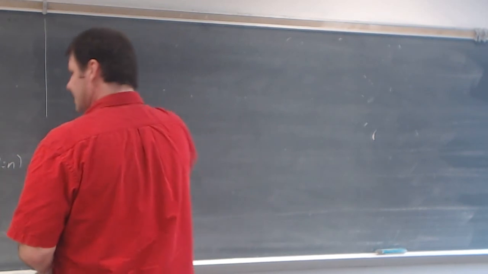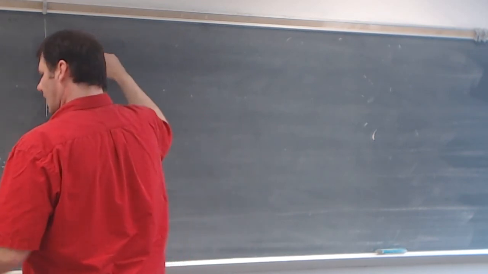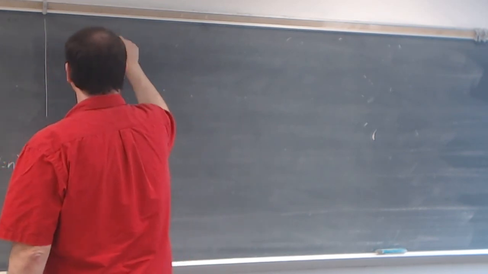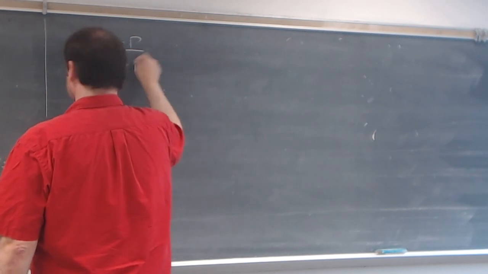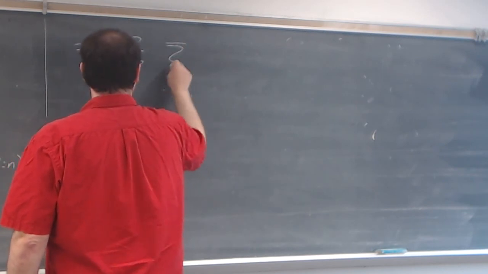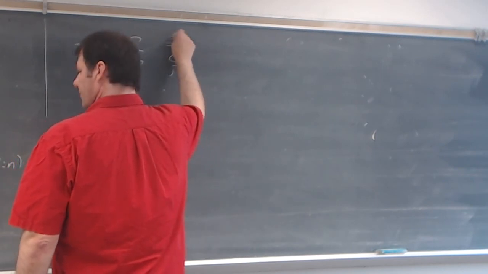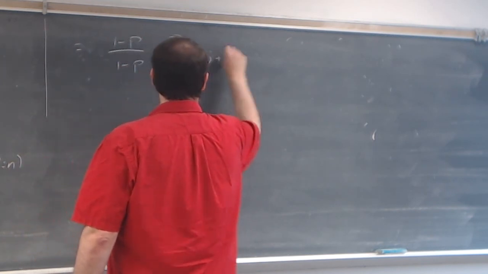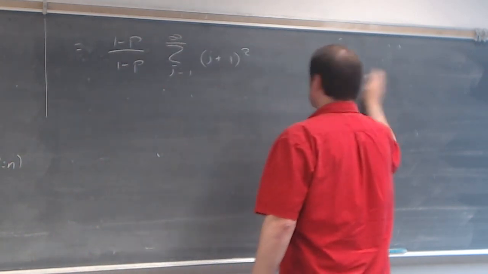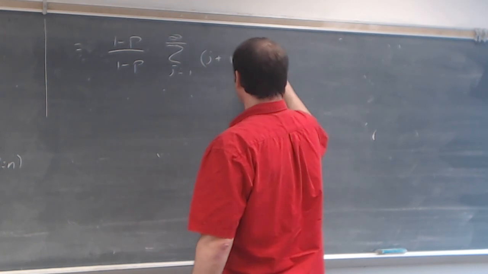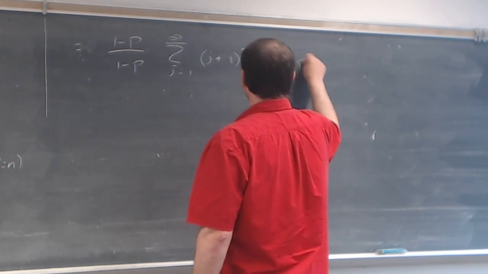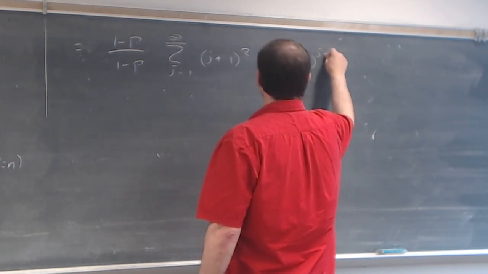That's equal to, I'll pull out a 1 minus p, and I'll have 1 minus p over 1 minus p, sum as j runs from 1 to infinity of j plus 1 squared times p times 1 minus p to the j minus 1.